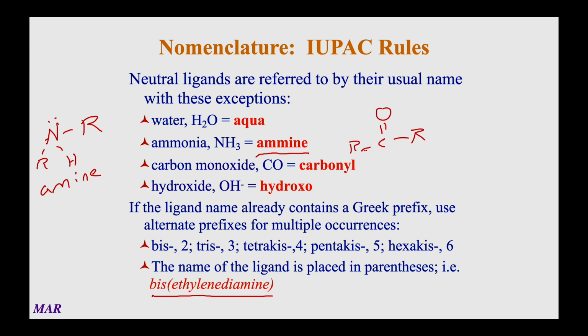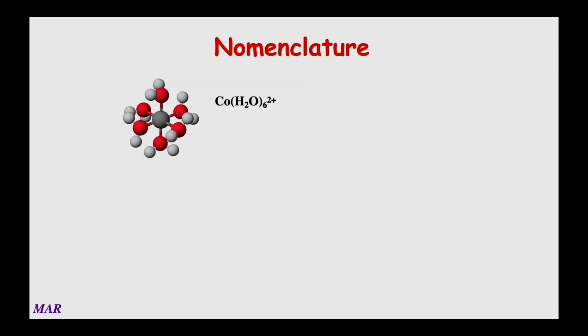Let's look at some examples. These things get really weird. So let's say we wanted to name this thing. It's cobalt. It has 6 waters and a +2 charge. Water is neutral, so it doesn't affect the +2. So the +2 literally is the charge on the cobalt. We name the ligands first. The metal comes after it with its Roman numeral. And there's 6 of the waters, so it's hexa.